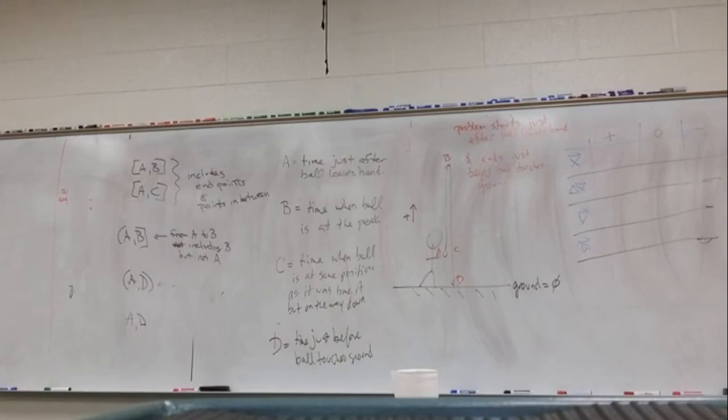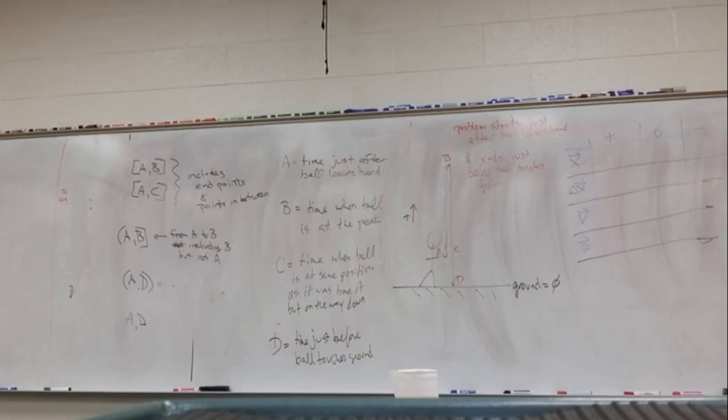With the velocity from A to C, it's positive, right, not including C. But then I would think at B it's zero, and then from B to D, it's negative. Oh, this is the final. Hold on, I'm looking at my display. So from A to B, not including D, it's the same sign, it's positive. I thought it was negative. If it's moving in the positive direction, it's positive.